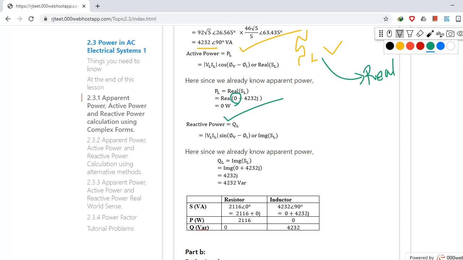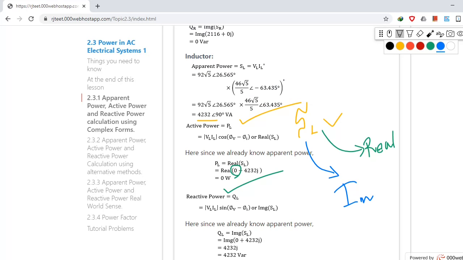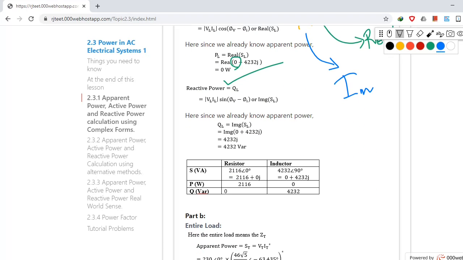In the same way, if we are to calculate the reactive power, all you need to do is take out the imaginary part of your apparent power. In this case, the power itself is an imaginary number, so the total amount of apparent power is equal to the reactive power.